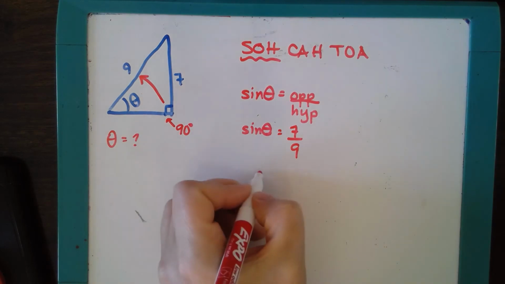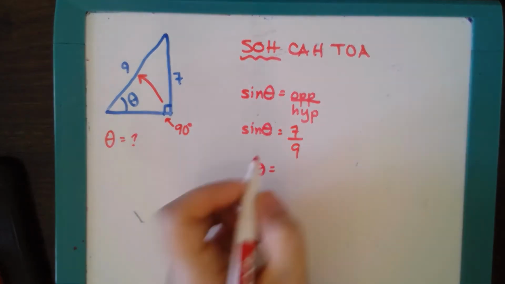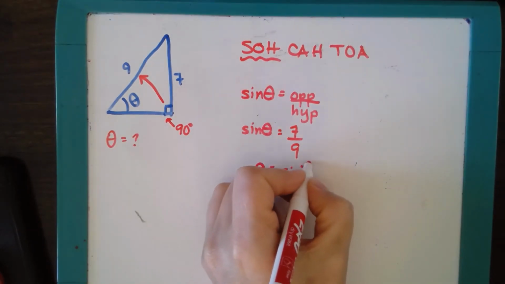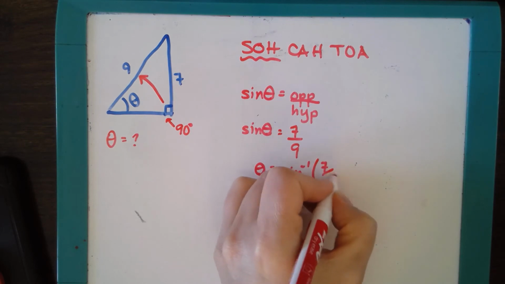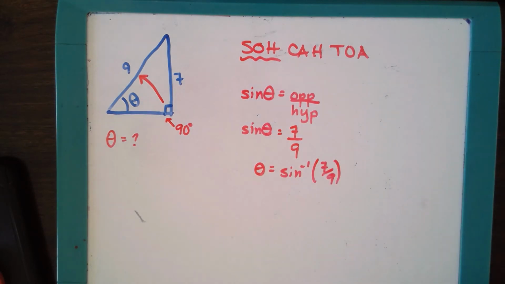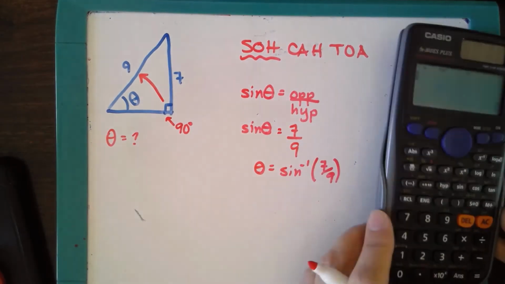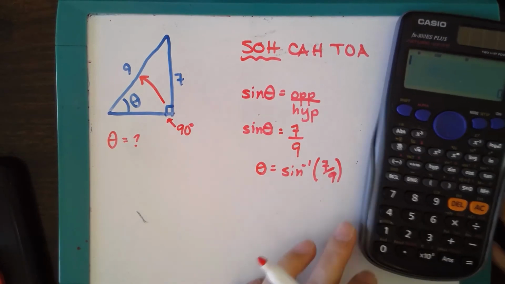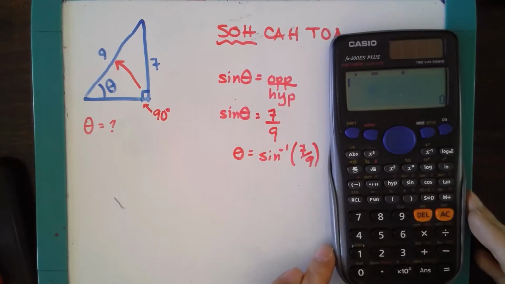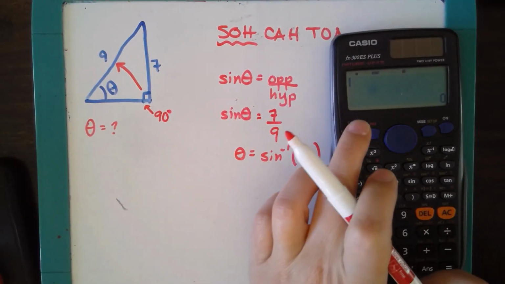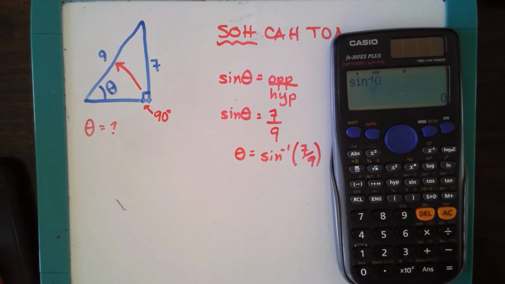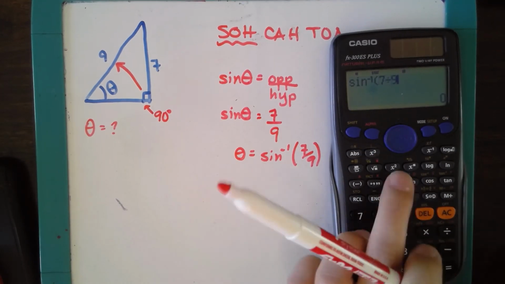And what we want to do is get theta by itself. So this is where we use the inverse function of sine on our calculator. Okay, so I'll get my calculator on the screen here. I'm going to go shift sine. So I get this inverse sine of 7 divided by 9.